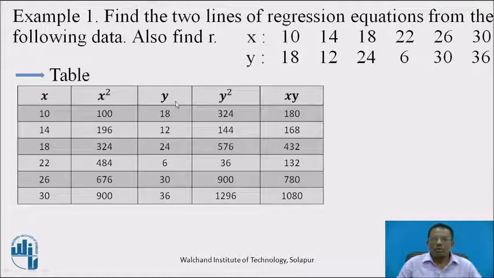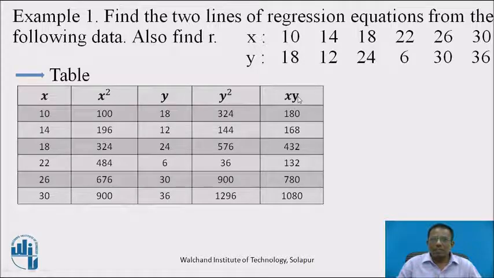Now, in the third column we write the values of y correspondingly: 18, 12, 24, 6, 30, 36, and in the fourth column we find the square of each value of y and denote it as y square.